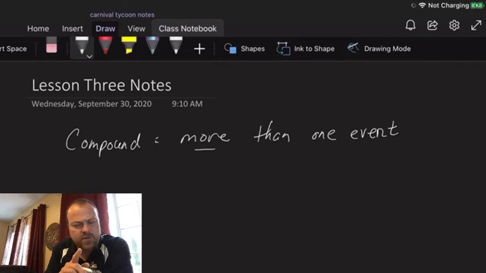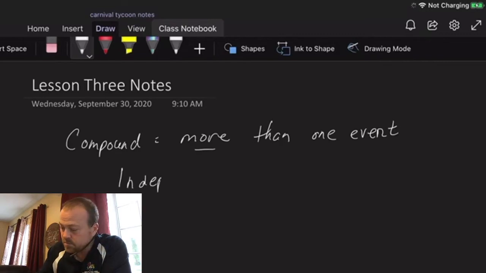All right, so with compound events, we have 2 different types, and we've already established the baseline definitions of dependent and independent, but in terms of probability, independent events, and I will not write every single word out because you have those in your notes.